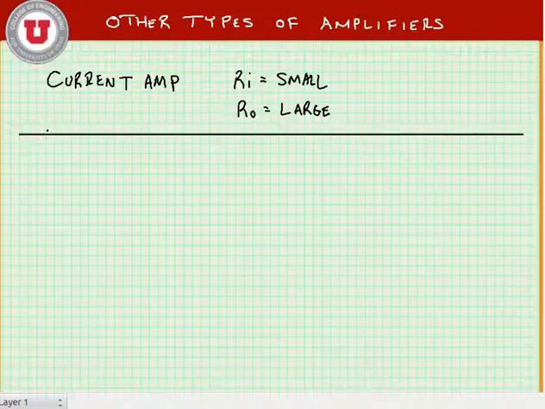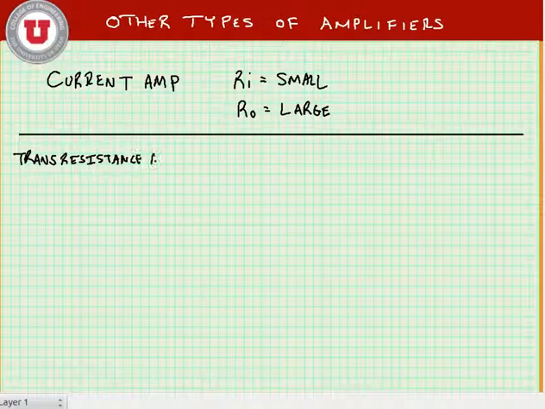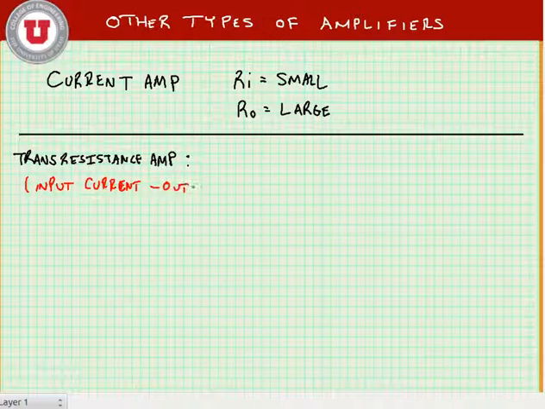Now remember, we don't just have to stop with a current amplifier. We can also make what we call a transresistance amplifier. And in a transresistance amplifier, what we're going to get is a current to voltage amplifier. So input current, and we output a voltage.